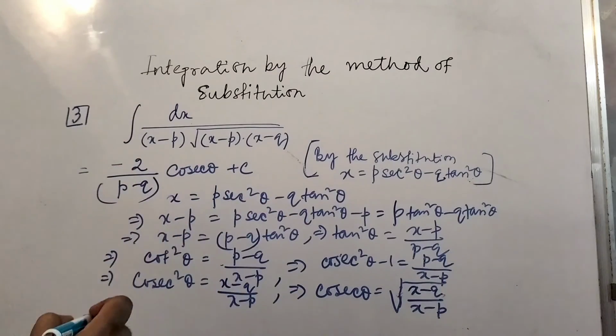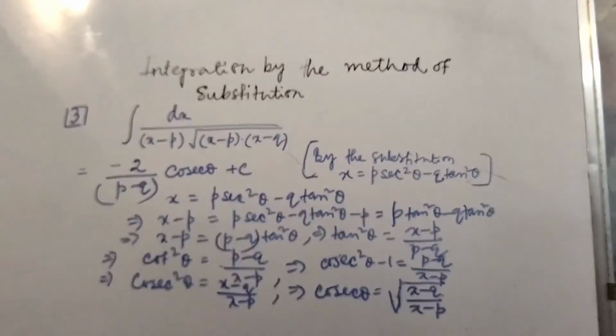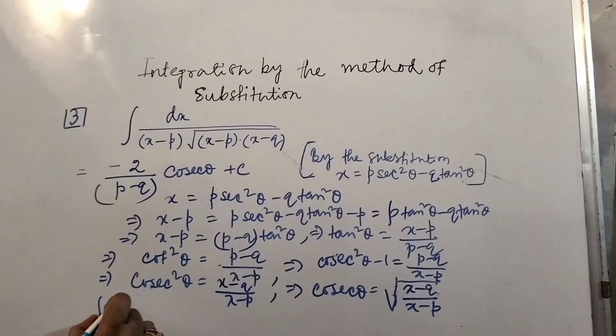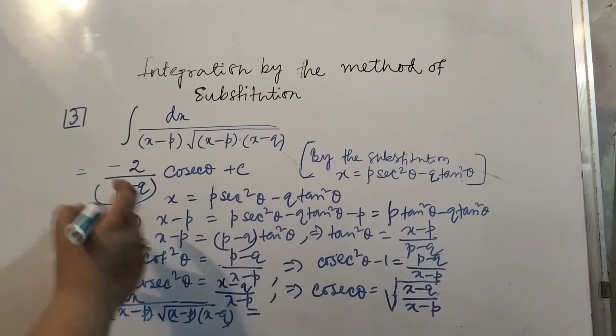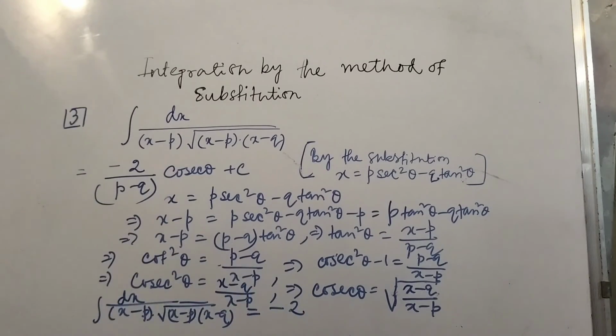So here we find integration dx by x minus p into root over x minus p into x minus q is equals to minus 2 by p minus q into cosec theta, means into root over x minus q by x minus p plus c, means constant of integration, and hence the result is found.